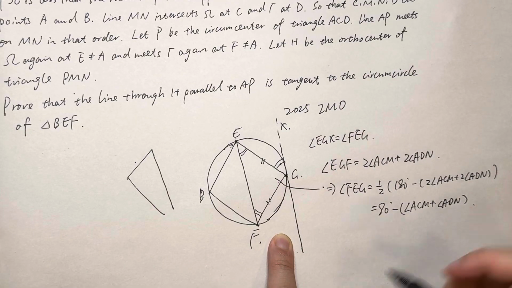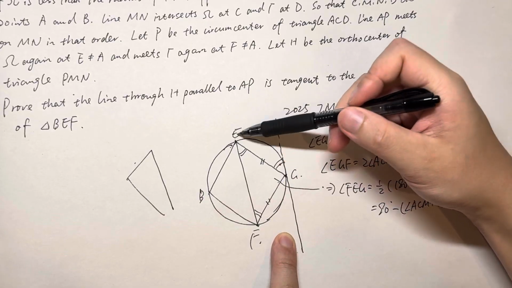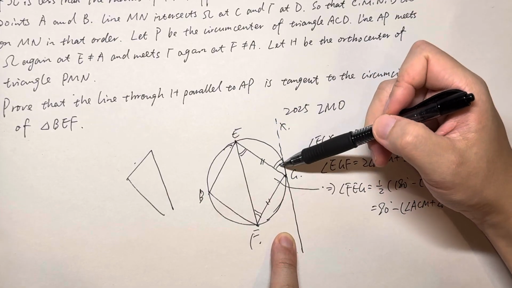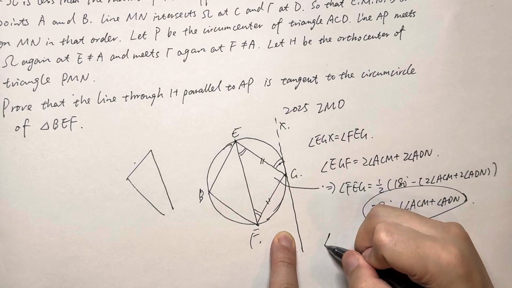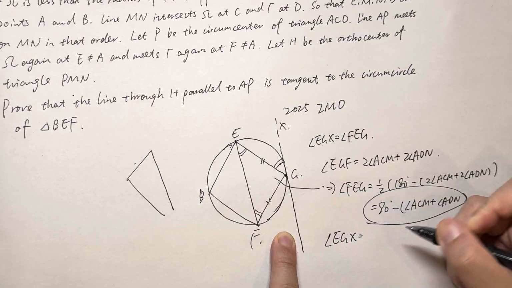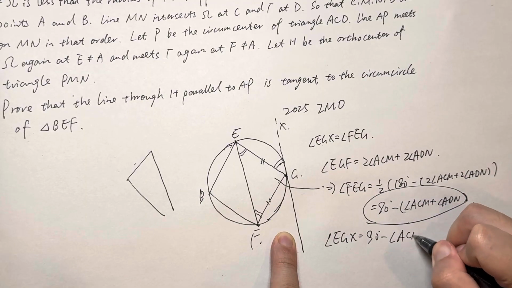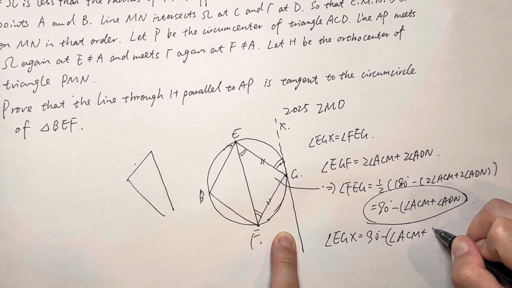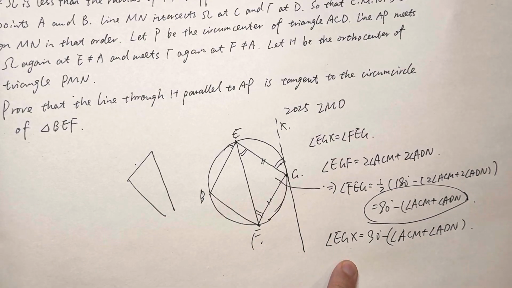That means the angle EGX is a fixed number. Angle EGX equals 90 degrees minus angle ACM minus angle ADN. That is a fixed degree.